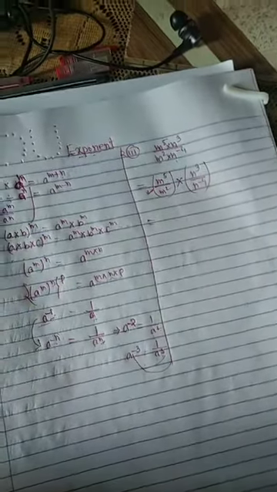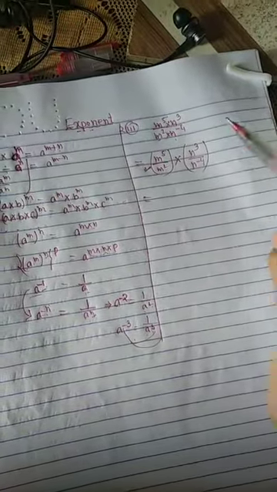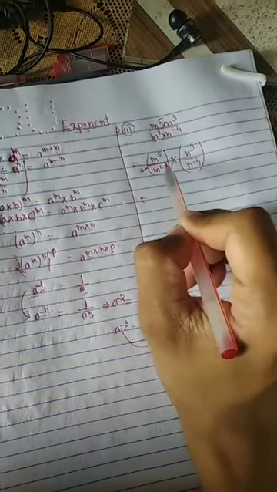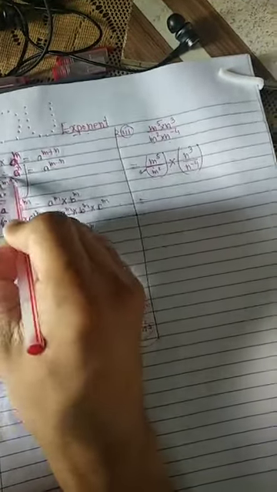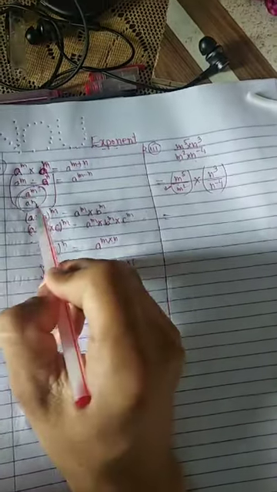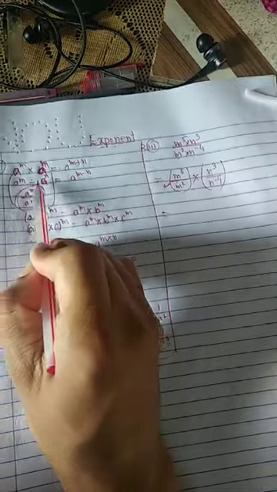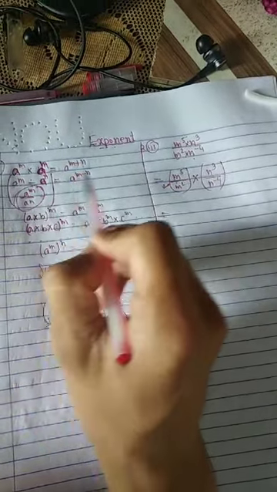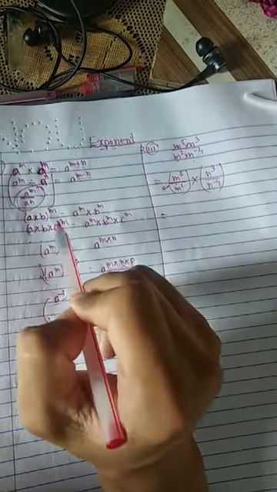If the bases are equal and they are in a fraction or in division, that means formula number 2. Now the base will be the same, but the power will be subtracted.